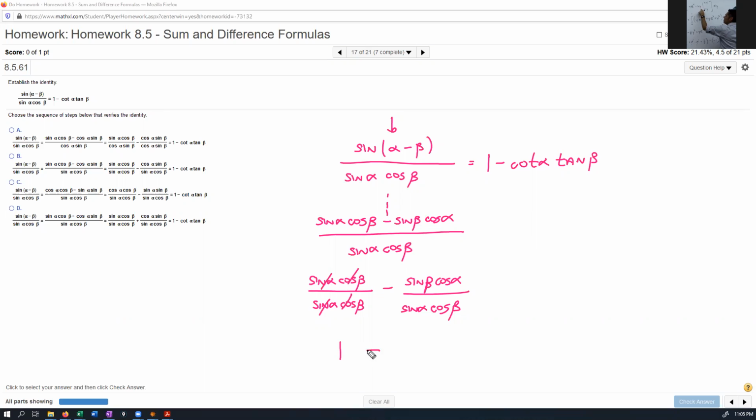We just get a 1 here, minus. And then on this one, if you look at the betas, this together, that's a tangent beta. And then this over this part right here, that's a cotangent of alpha. And that's the right-hand side here. These are backwards, but it's okay because it's multiplied. So that's the right-hand side.